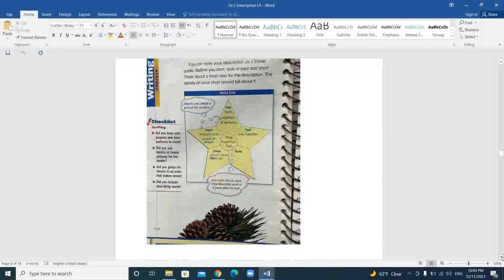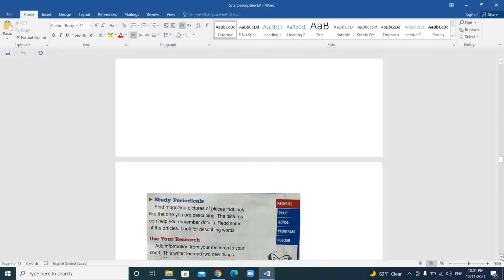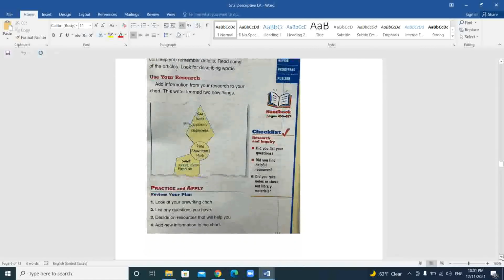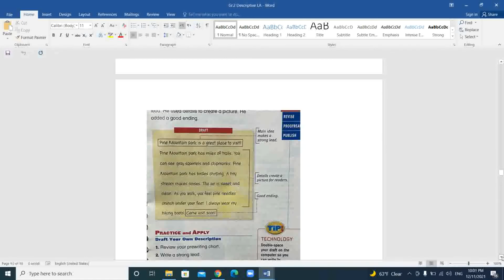Okay? After you use your sense stars, you start to create your sentences. Of course, in the beginning, your sentences are not in order. So what do you do? You write it into a paragraph, you organize your sentences, and then you start to reread it. Reread means to read it again. Why? So you can make sure you wrote about the main idea, that you made an indent.